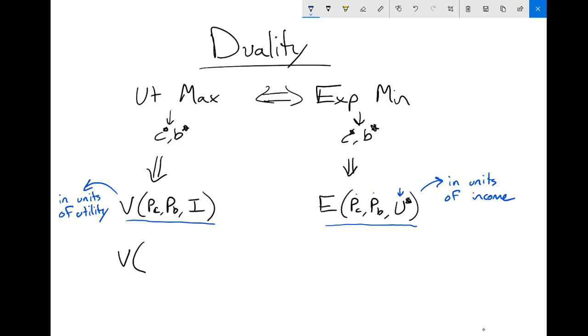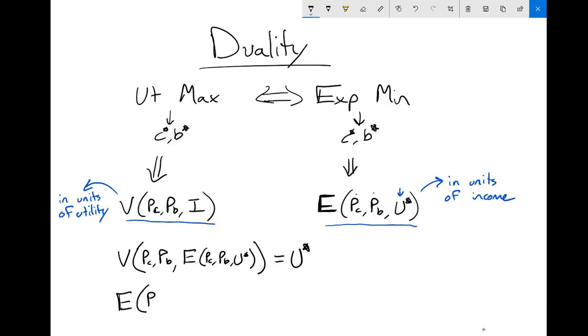And so we could, let's do this. If I take my indirect utility function, take the parameters, and I plug in my expenditure function, this would give me that optimal utility. This gives me the utility that the expenditure function takes as a given. And the inverse is true as well.